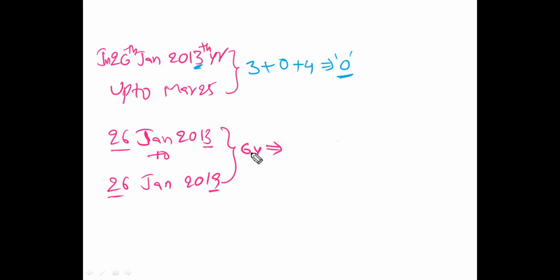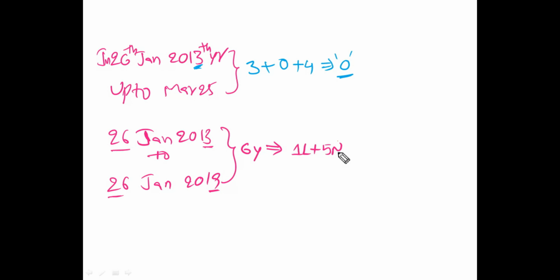So in these 6 years, how many leap years will be there? Divisibility by 4, quotient or remainder? Quotient. So there will be one leap year, remaining 5 are normal years.